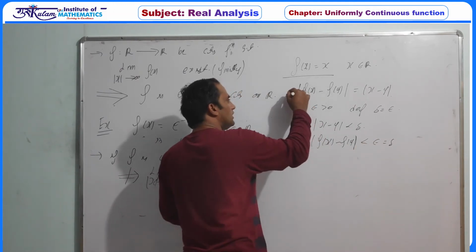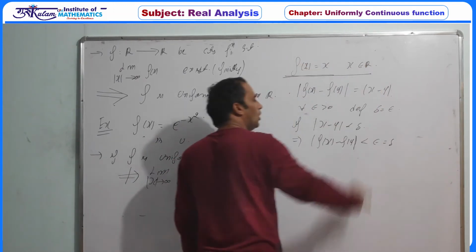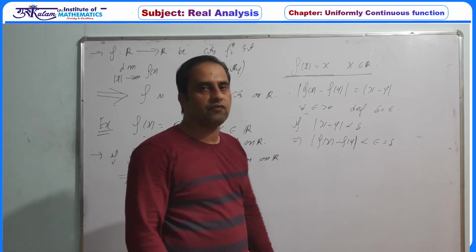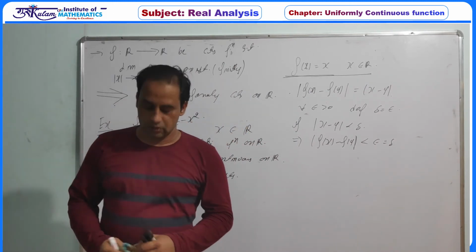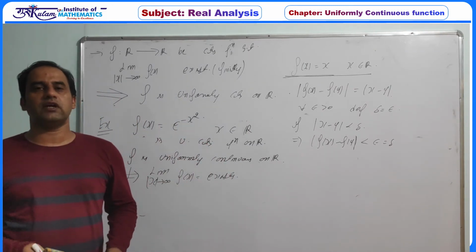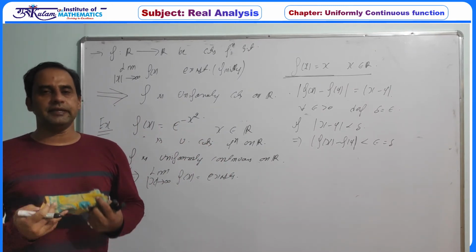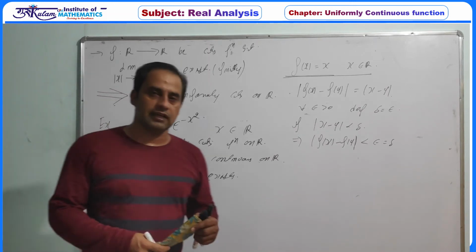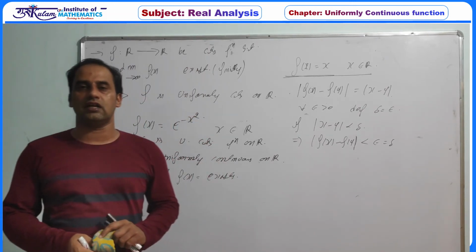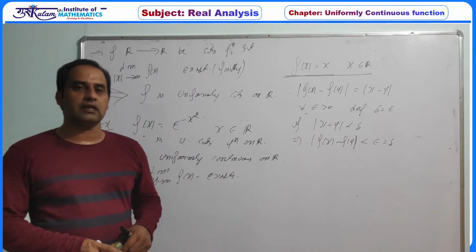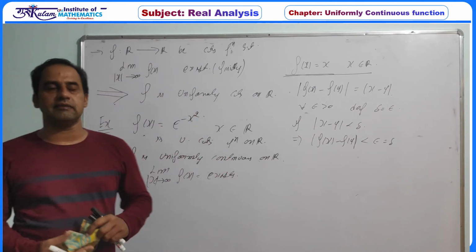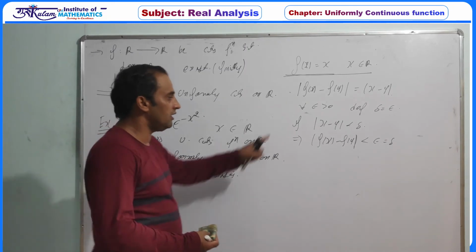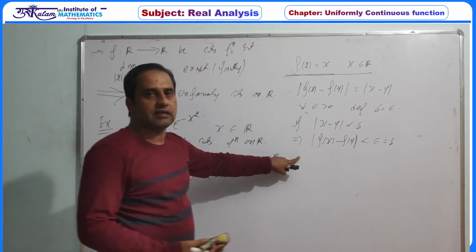Hence this function is uniformly continuous on the whole real line, but the limit at infinity and the limit at minus infinity do not exist. So whenever your function is defined on the real line and the limit at infinity and minus infinity exist finitely, then the function is guaranteed to be uniformly continuous. But if it is uniformly continuous, it does not imply the limit at infinity or minus infinity exists. So this is an example.